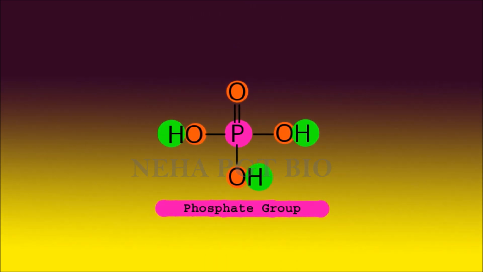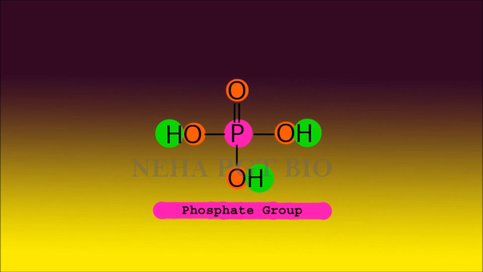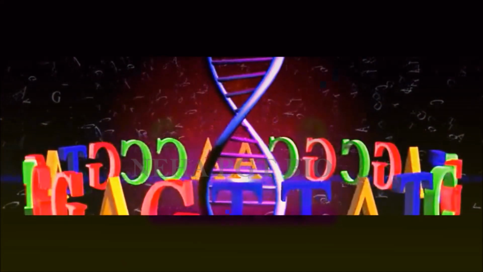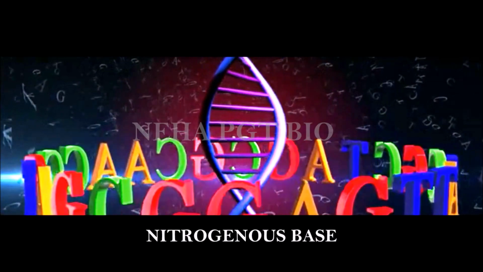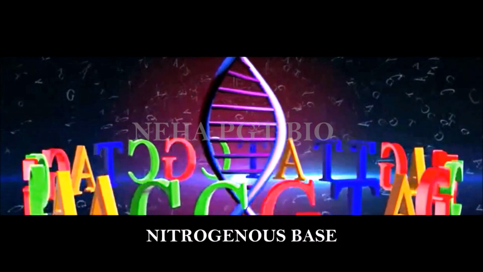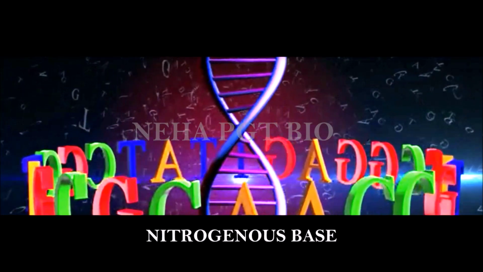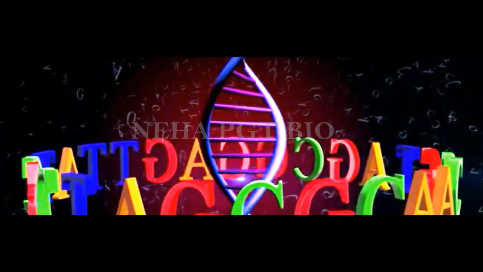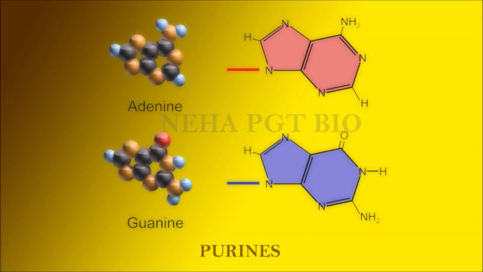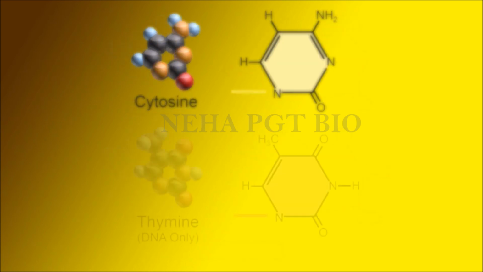This helps in binding two sugar molecules together. And third one is the nitrogenous base, which forms the core of the DNA double helix. Two of them are called purines and the other two are called pyrimidines.